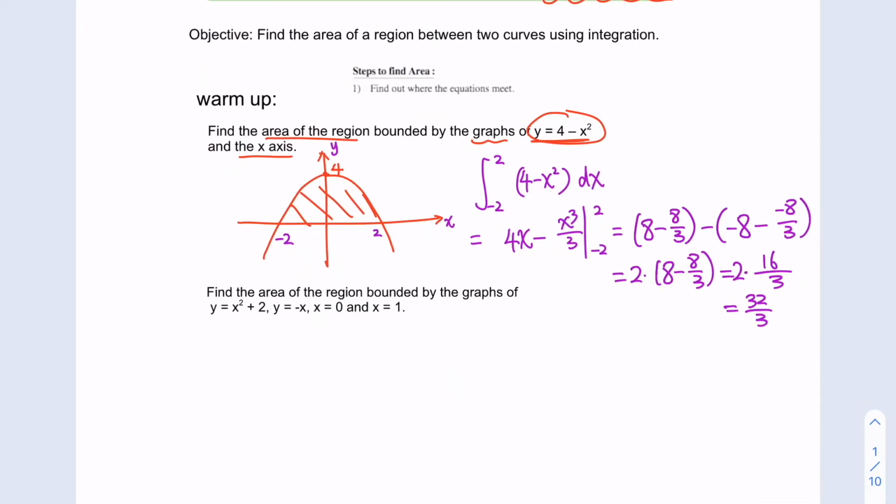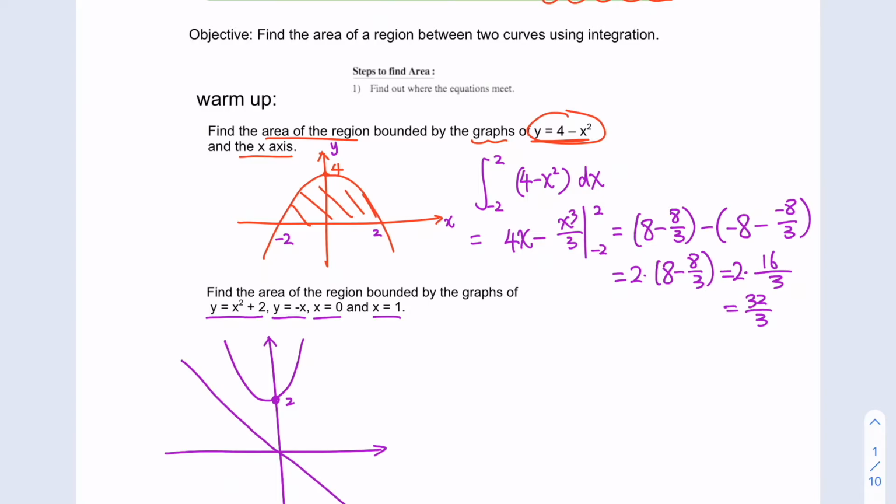Let's have a look at example 2. Example 2, find the area bounded by the graphs y equals x squared plus 2, y equals -x, x equals 0, and x equals 1.